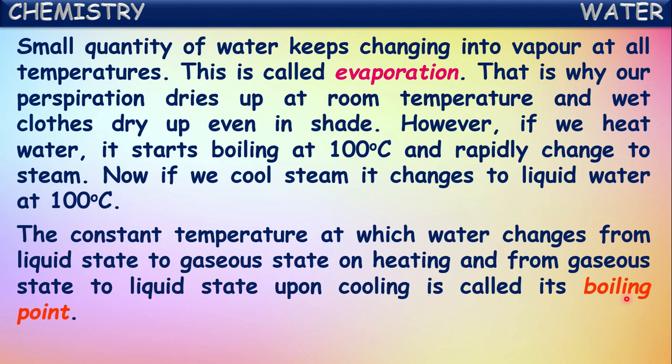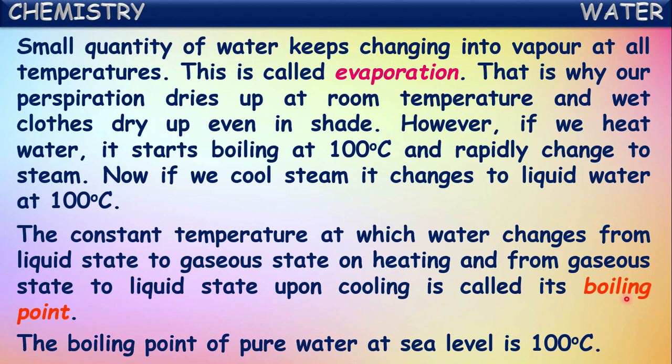The conversion of liquid water into gas on heating is called boiling, and the conversion of gaseous steam or vapor into liquid water on cooling is called condensation. The temperature at which a liquid converts into gas is called the boiling point, and the temperature at which a gas converts into liquid is called the condensation point. So boiling point and condensation point are one and the same, but in the reverse way.